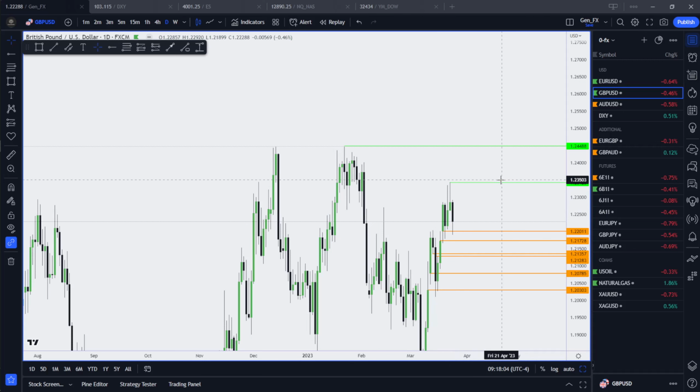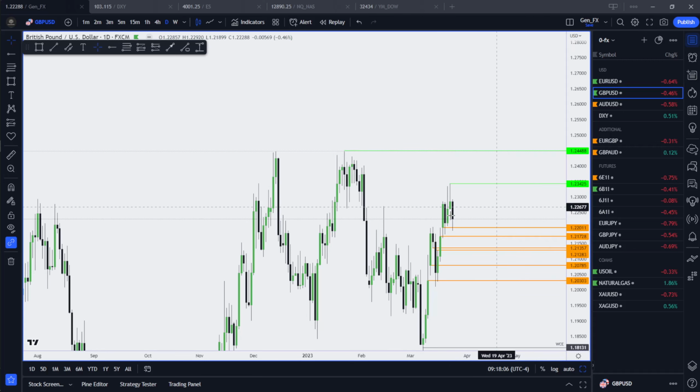What I don't want to see is if we close below this area here that you see. If you close below 2135, then it would probably put me on consolidation. Maybe we are looking for lower prices, but to keep it simple, I'm simply looking for higher prices.